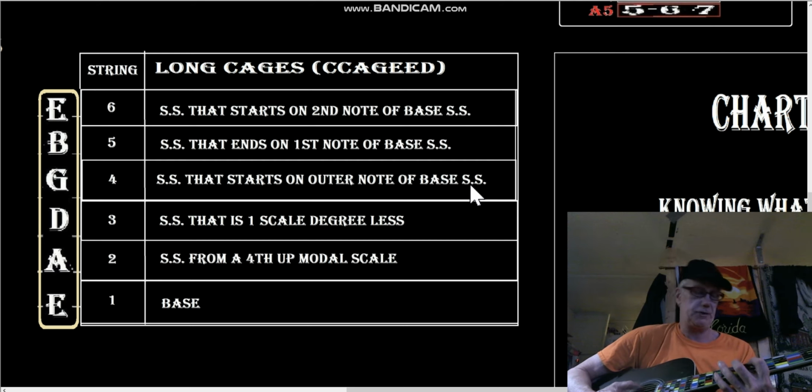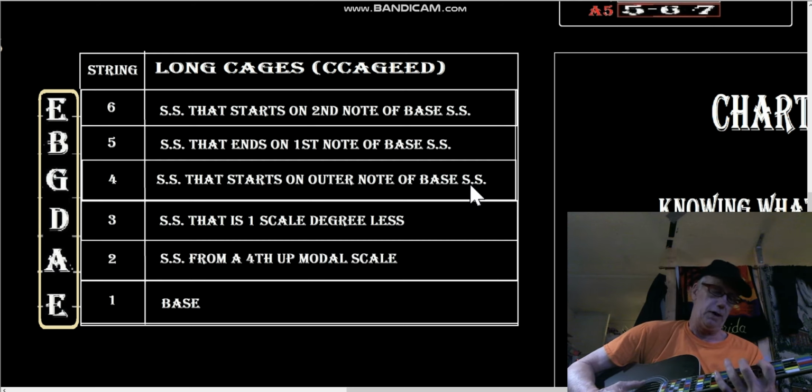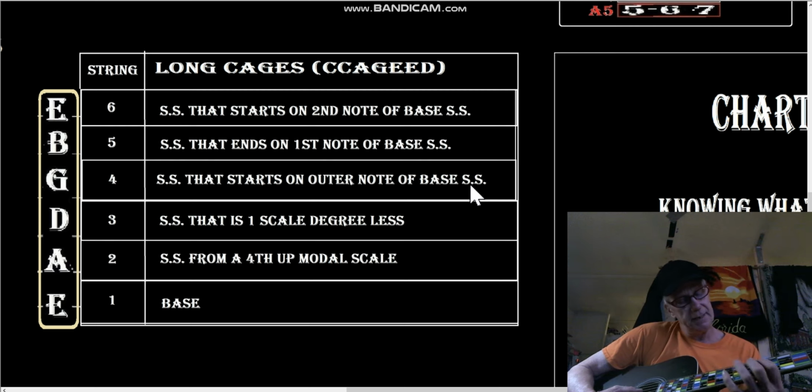So here's the bass string shape, 5, 6, 7, and then the fourth string is going to be 7, root, 2, because it started on that 7.